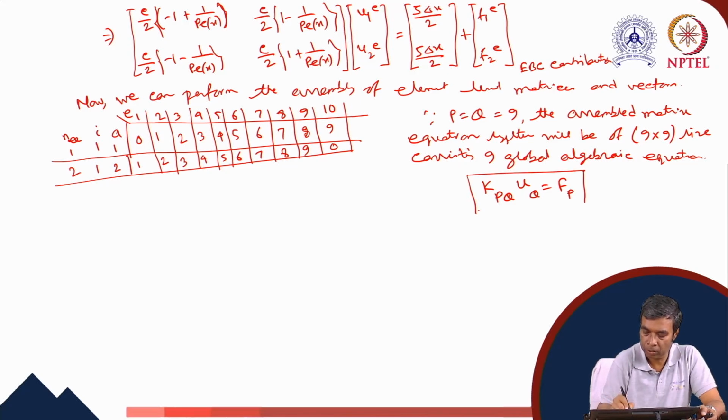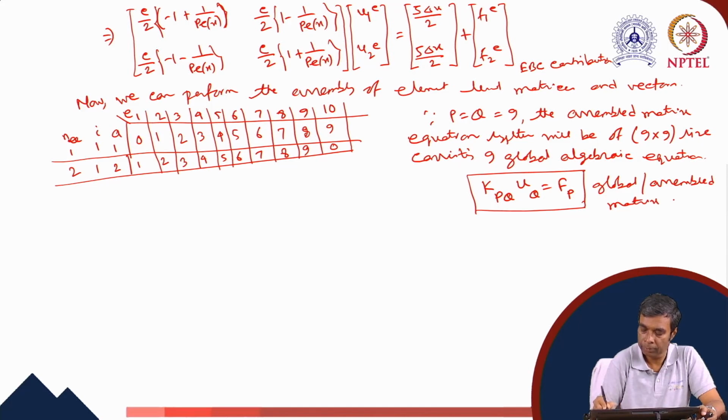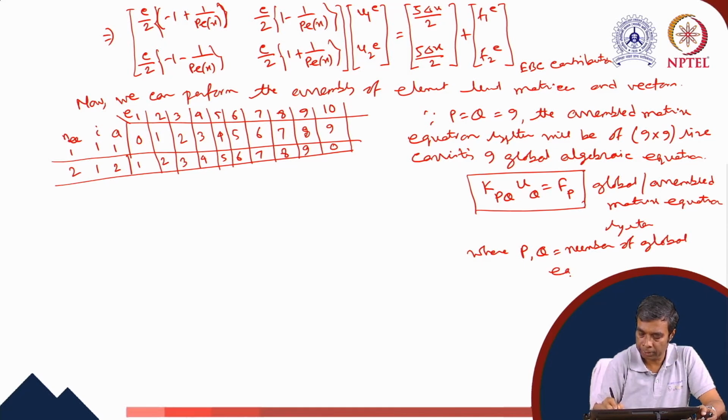This is the global or assembled matrix equation system, where P and Q equal the number of global equations. Both of them vary from 1 to 9 for the given problem.